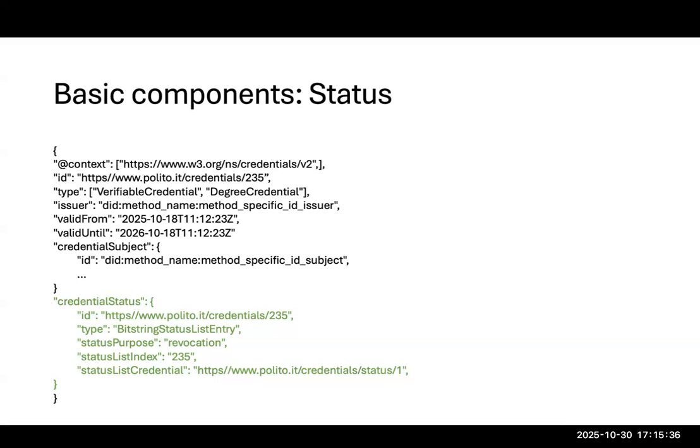Again, this is the classical information that a colluding verifier can use to link me, because this information doesn't change. I always present the same information. So this approach is super fast, but not privacy preserving.